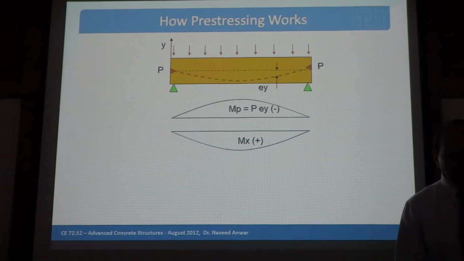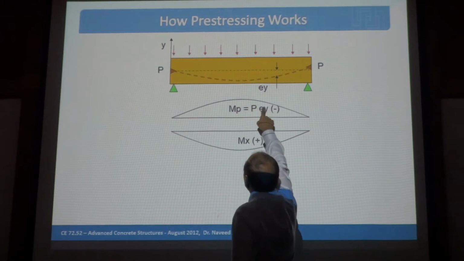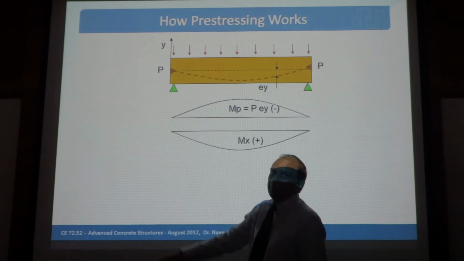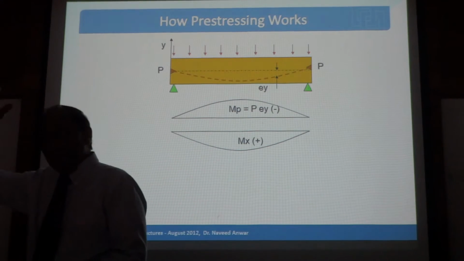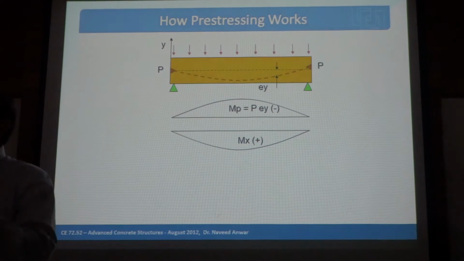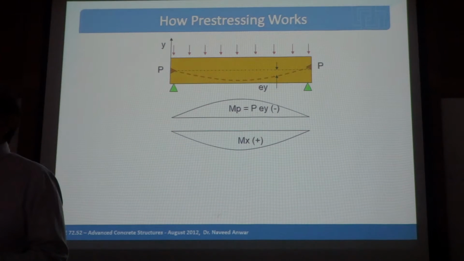We say let's balance the moment from the pre-stressing to be of the same shape as the moment from the applied load, so they cancel each other everywhere. So we need to create the bending moment from the pre-stressing of the same pattern as the bending moment from the load, so that when we put them together, they cancel everywhere.